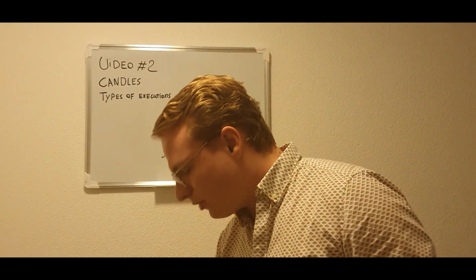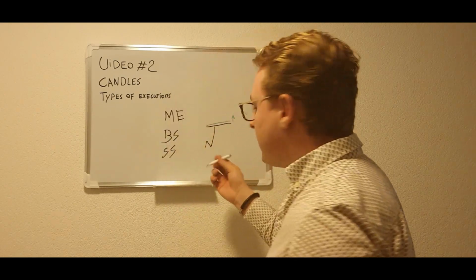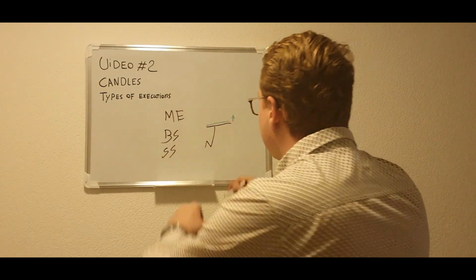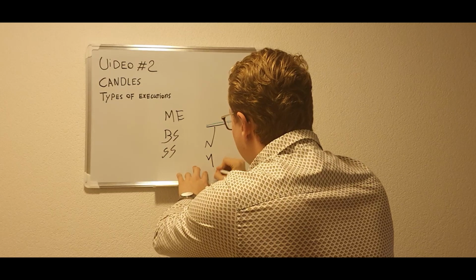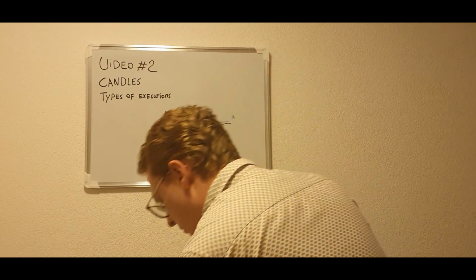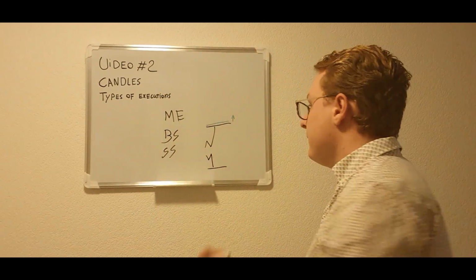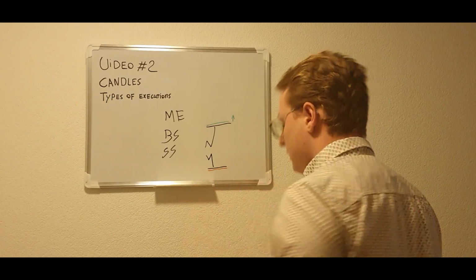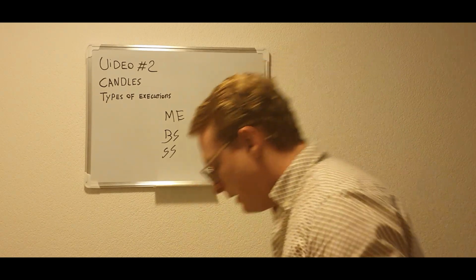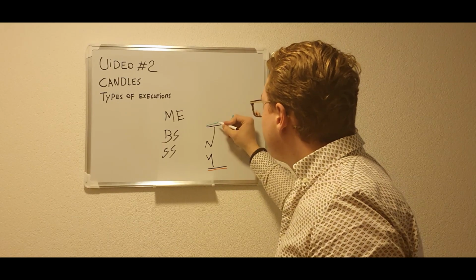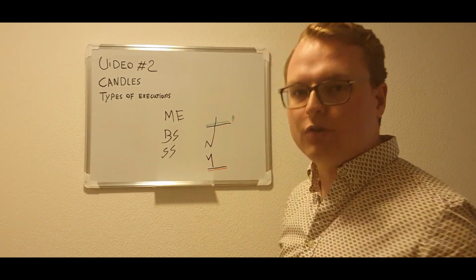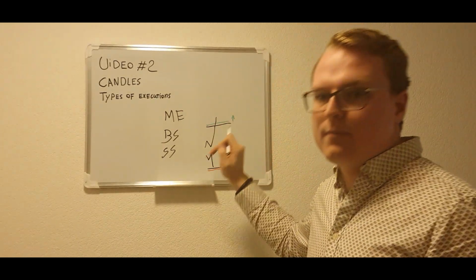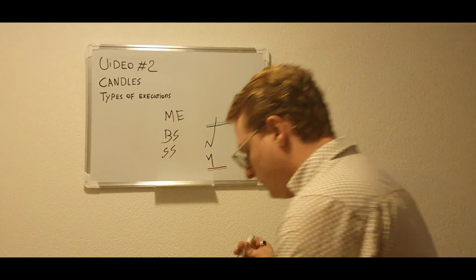But let's get into the sell stop right now. The sell stop is exactly the same, but vice versa, right? Let me make this line red. It happens when the price pushes through, and it's vice versa with a sell stop.